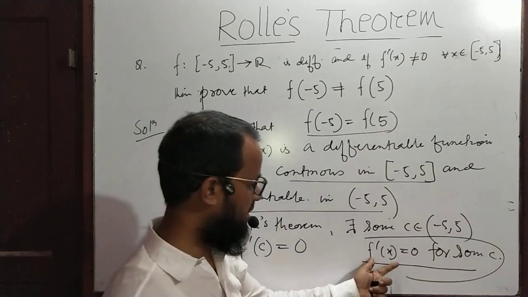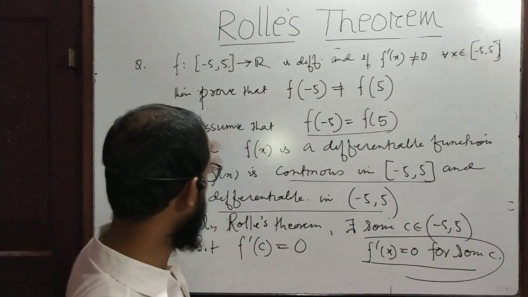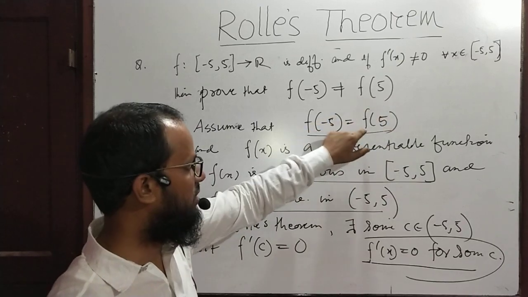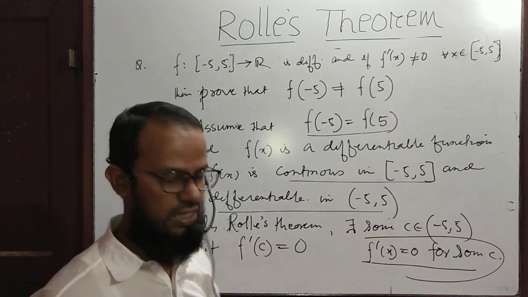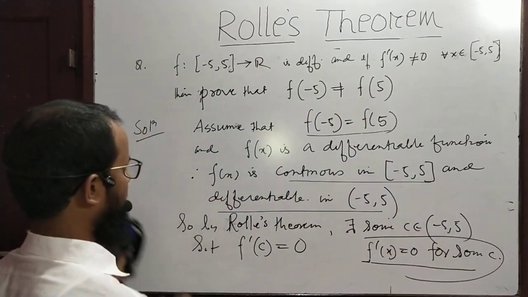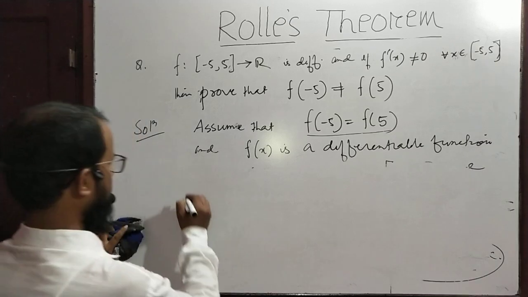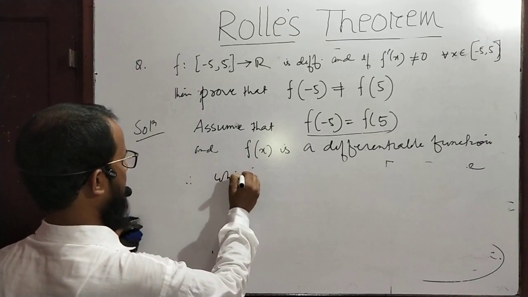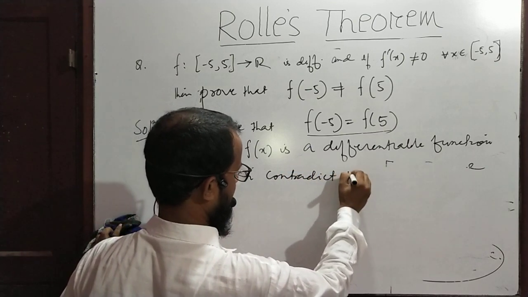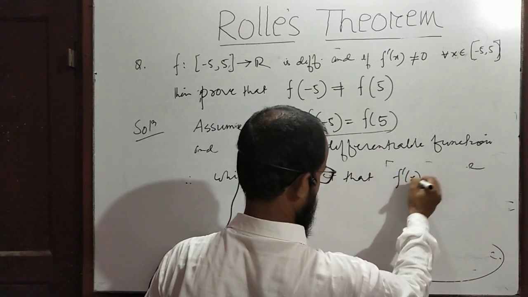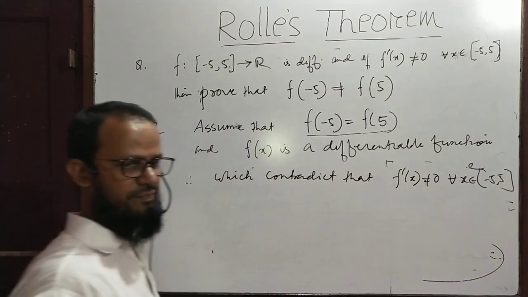Therefore, this particular statement contradicts our given conditions, which says f dash x is not equal to 0 for all x belonging to this domain.